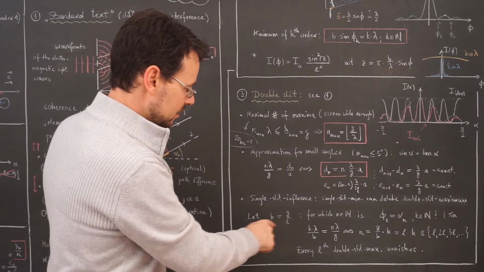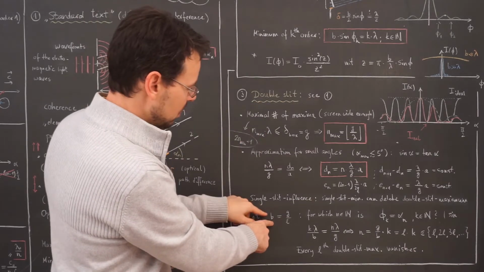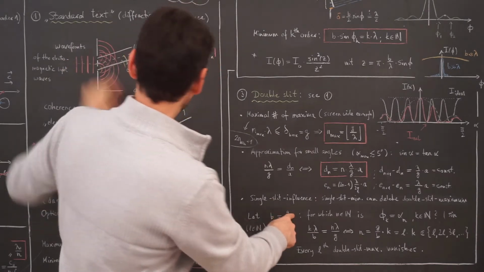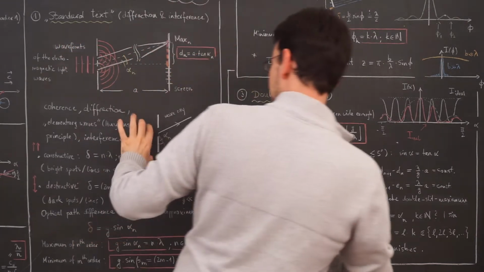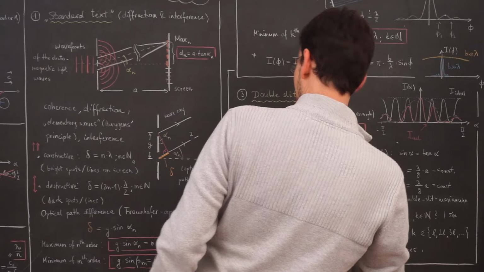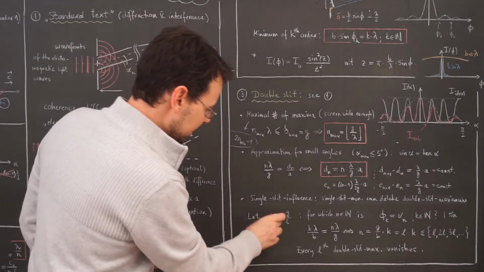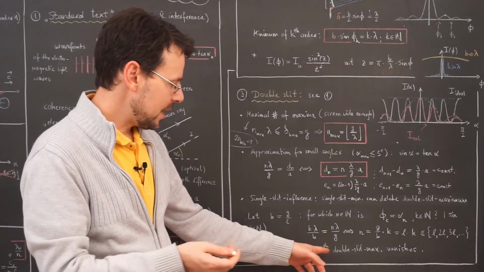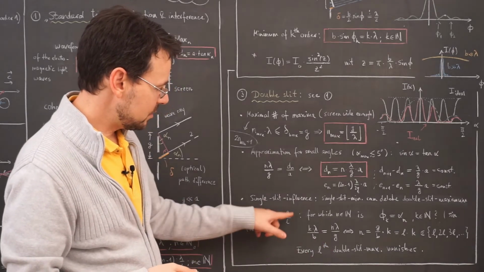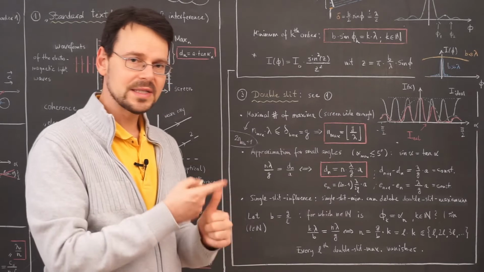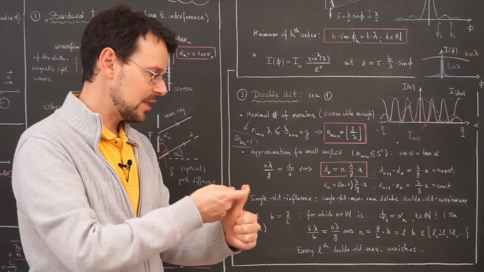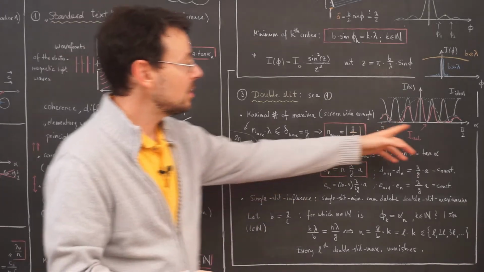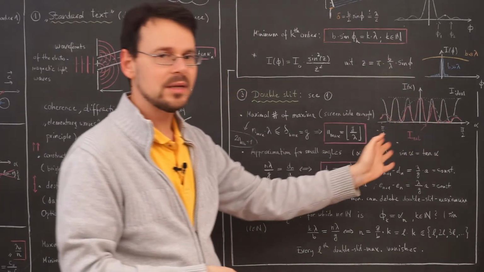Because if we have this relation that the width b of one of those slits is g, the distance of the slits here, divided by a natural number l, then it can be shown that every lth maximum, for example, if b is g over 2, then every maximum of even order, 2, 4, 6, and so on, gets cancelled out because the single slit has a minimum there.